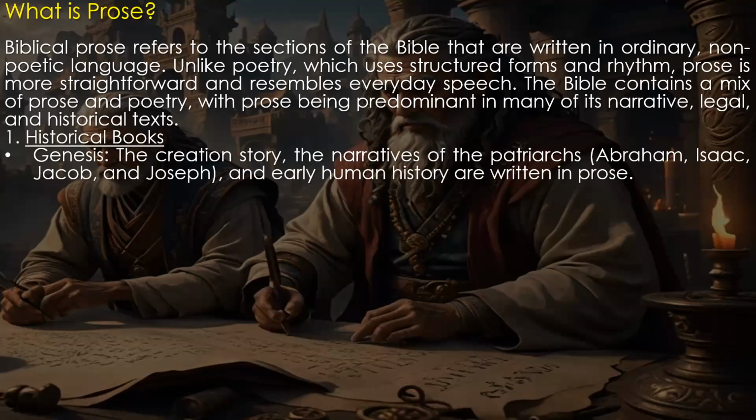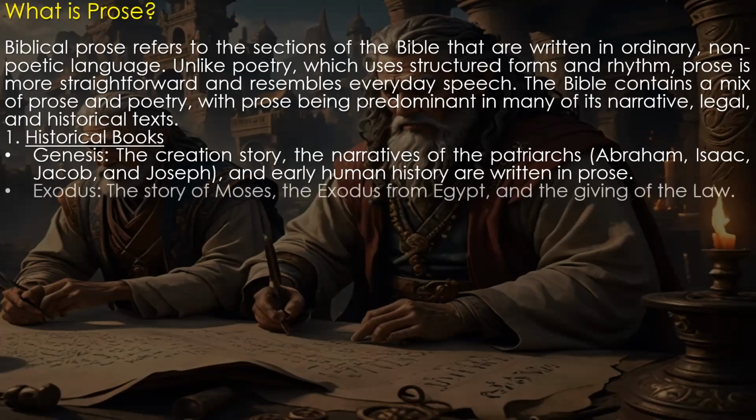So, starting with the historical books, we can look at Genesis, obviously the creation story, the narratives of the patriarchs, Abraham, Isaac, and Jacob, and Joseph, and the early human history are written in prose. There is some poetry that does show up in the first creation story in Genesis chapter 1, but most of the typical narratives are going to be written in prose, normal, common, everyday language.